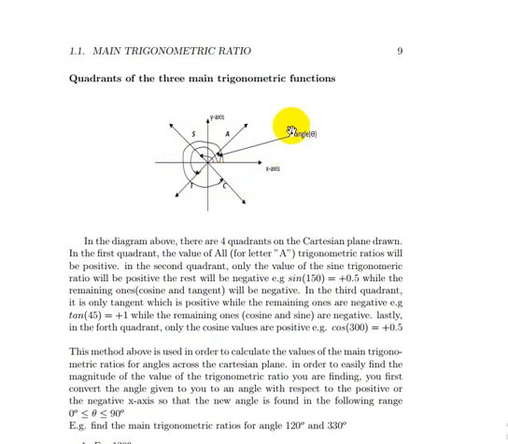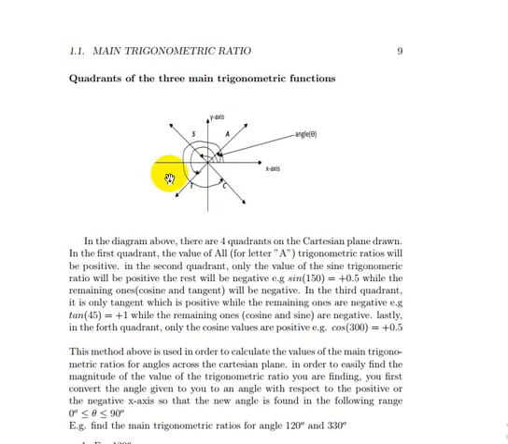Now a certain trigonometric equation is going to come into place because of this quadrant method, and that equation is cos of theta is equal to cos of negative theta. I'm going to give you the reason.